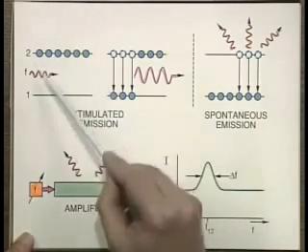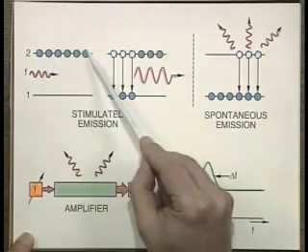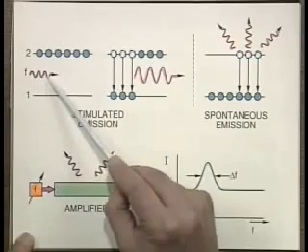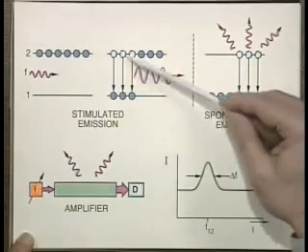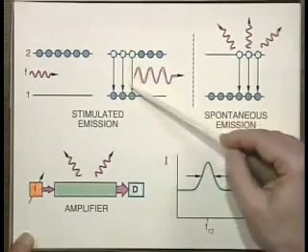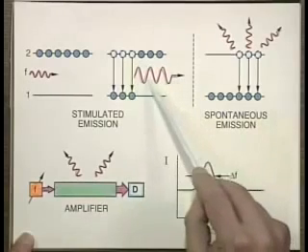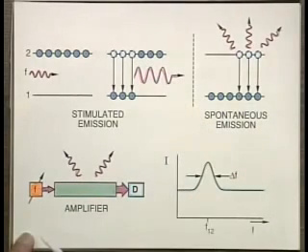The amplifier has all the atoms in the excited state. If you hit the resonance, you start driving some of these atoms down, and the output is going to be bigger than the input. Just like we said before, at a certain frequency you get amplification of this light.